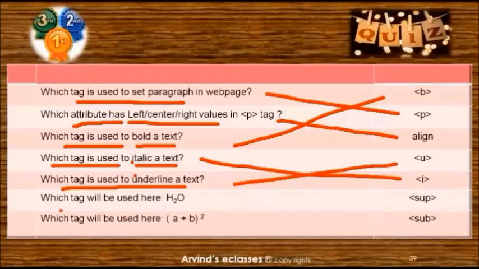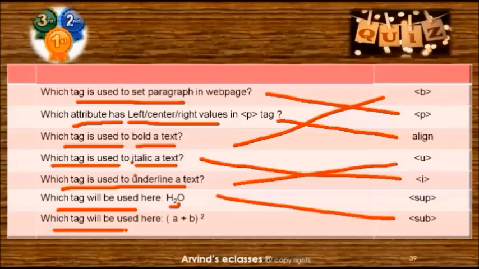Next one is, which tag will be used to write something like H2O? It is your subscript. So we will use this subscript tag. Very good. Now there is only one last question, and that is, which tag will be used if you want to write this way, meaning like a power, meaning super, right?